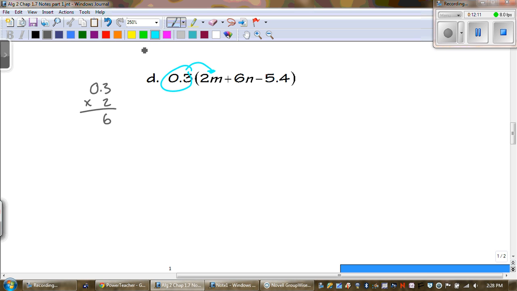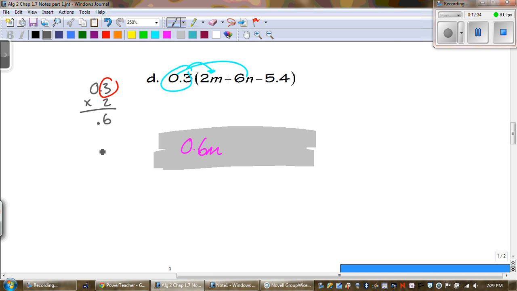And there is one number behind the decimal, so make sure that there's one number behind the decimal. And for that first one, we get 0.6m, okay? And now we just keep on going, okay?